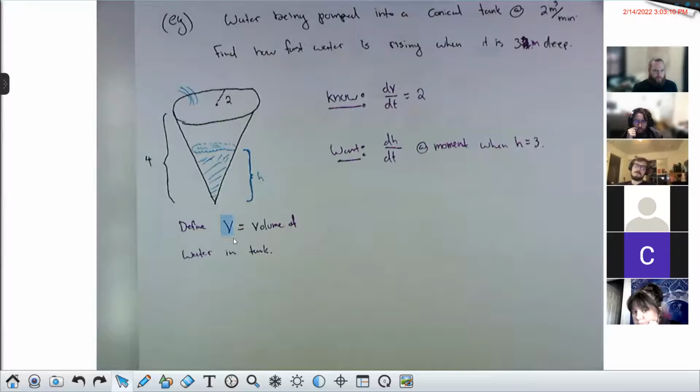Kind of funny feature of this problem is that V didn't come with the problem, right? We had to invent it. So we want to cook up a relationship between the volume of the water in the tank and the height of the water in the tank.